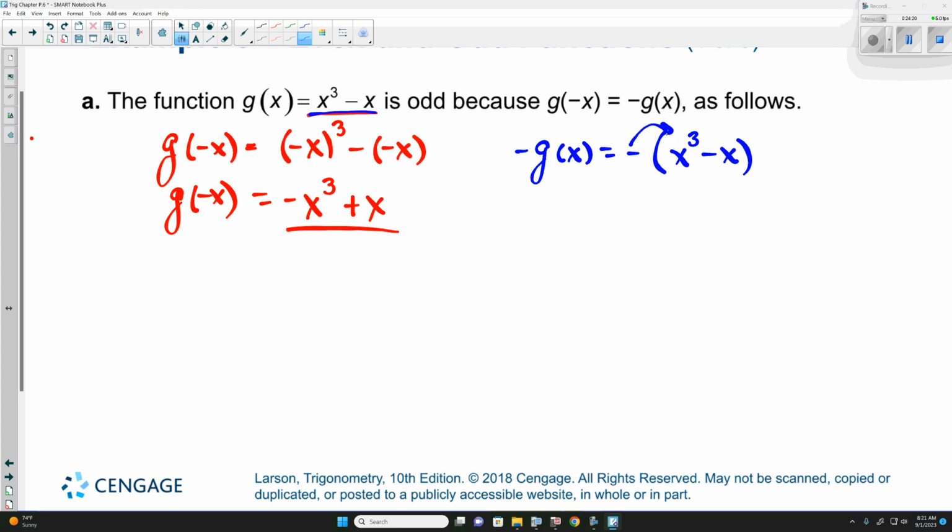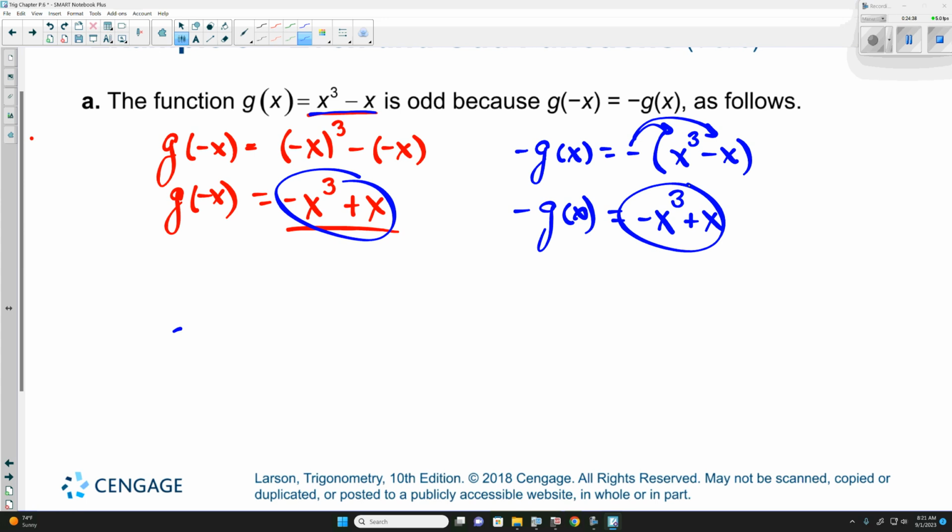And at this point, we're going to distribute the negative to simplify. Our negative times x cubed is negative x cubed. Our negative times negative x becomes plus x, telling us negative g of x is negative x cubed plus x. Well, are these two the same? So that means g of negative x is equal to negative g of x, which makes it an odd function. And that's it.